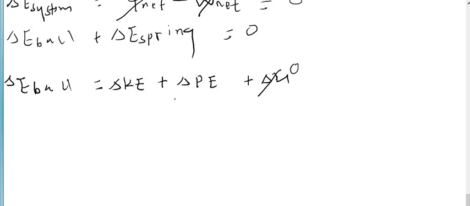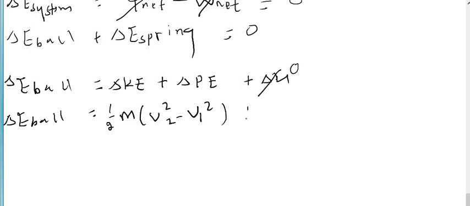You have only potential and kinetic energy. Therefore this will be equal to a half m (v2 square minus v1 square) plus mg(z2 minus z1).